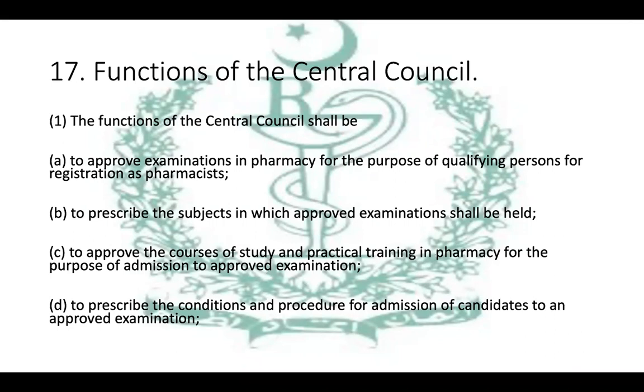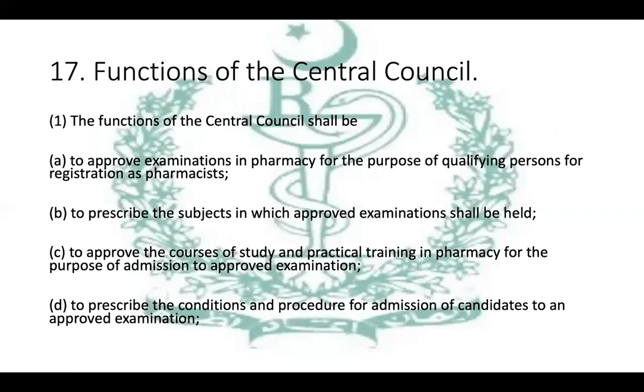Section 17(1) states the functions of the Central Pharmacy Council, starting with 17(1)(a). Whenever you read these sections, you have to read them jointly. So whenever you cite A, you have to say 17(1)(a). What does it say?